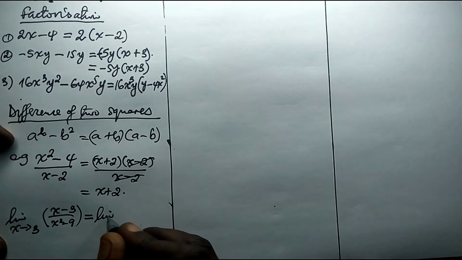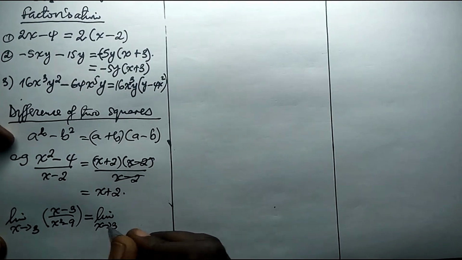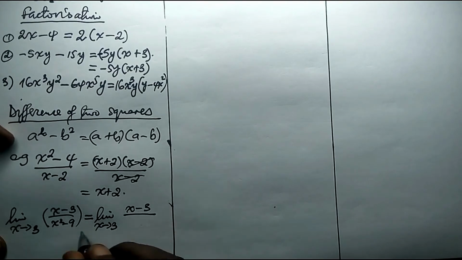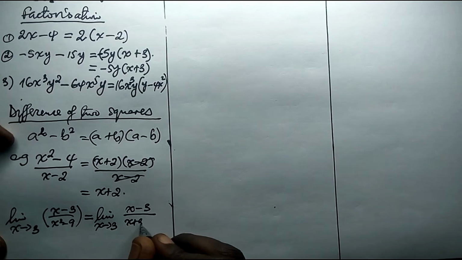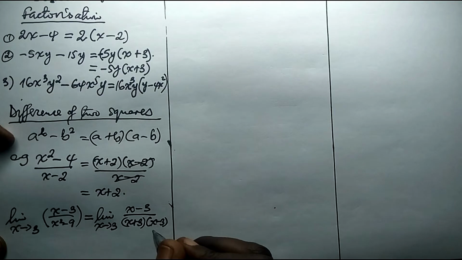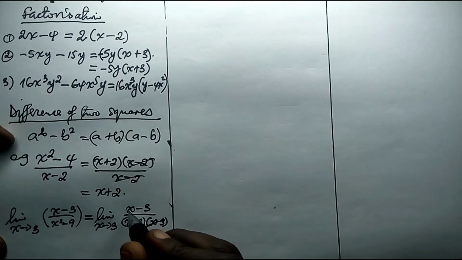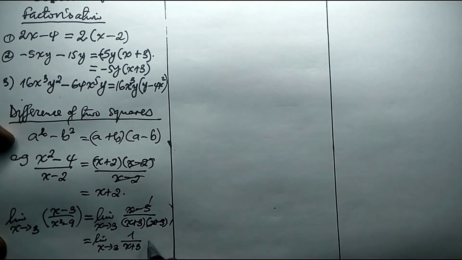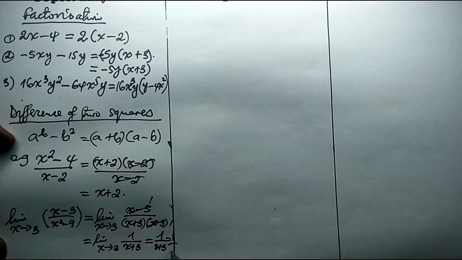So we take the limit as x tends to 3 of x minus 3 all over difference of two squares at the denominator, x plus 3 into x minus 3, and this cancels this to give the limit as x tends to 3 of 1 all over x plus 3. And direct substitution gives 1 all over 3 plus 3, which is 1 all over 9.